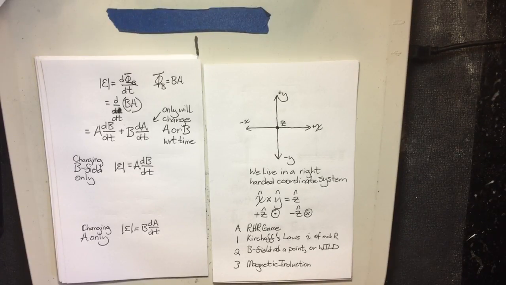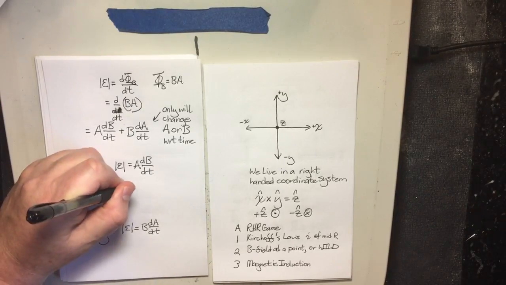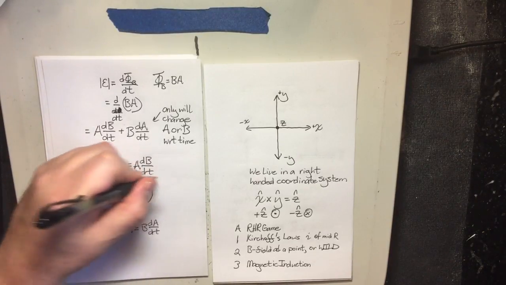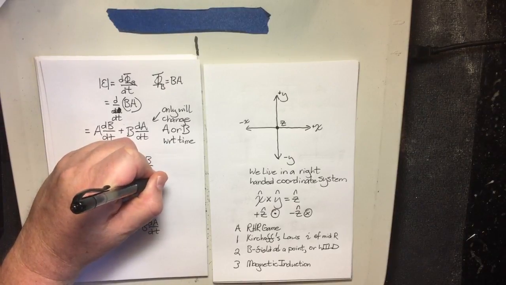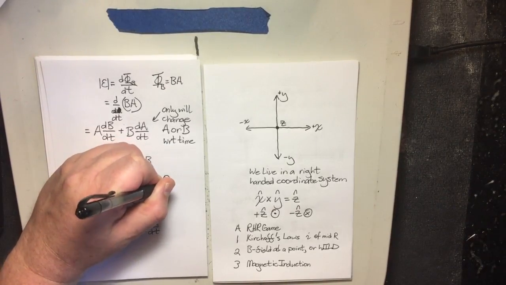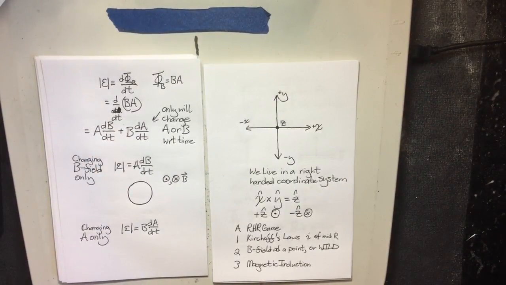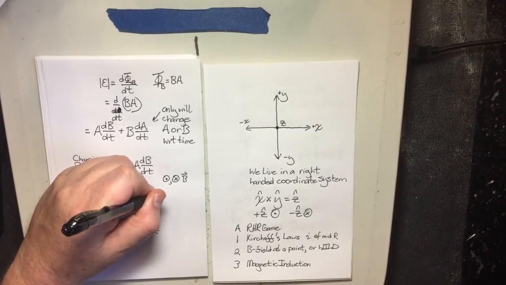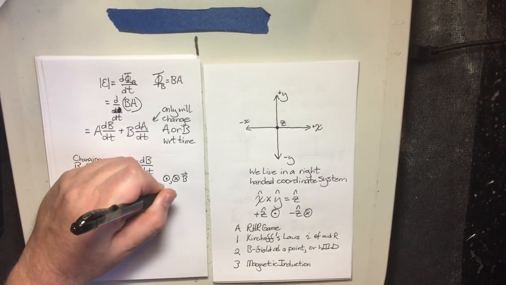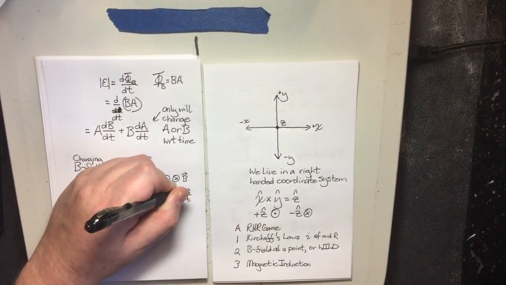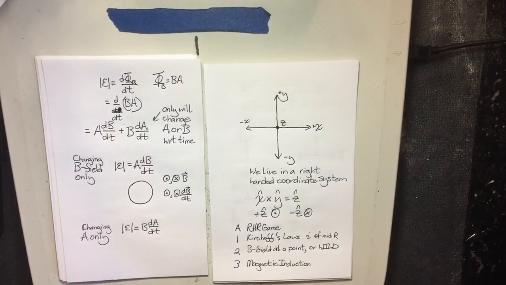Now, there are going to be two types of problems in problem set 5. The changing of the B field only: you get a loop, and you can have a B field. The B field would be into or out of the page, and the changing of the B field can be into or out of the page as well.